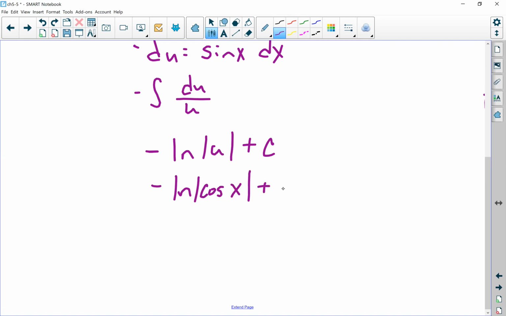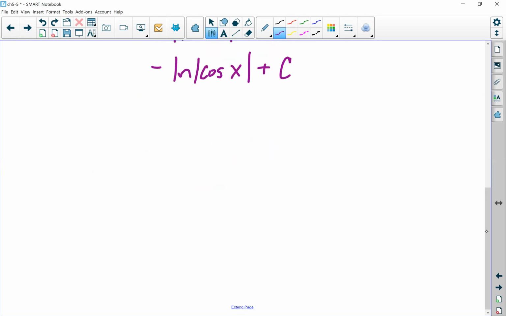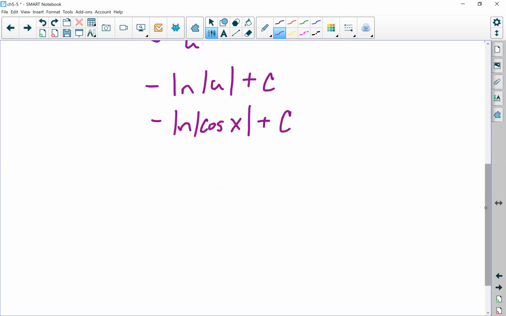Substitute cosine in for u. And so one possible answer would be negative ln of the cosine of x plus a constant.